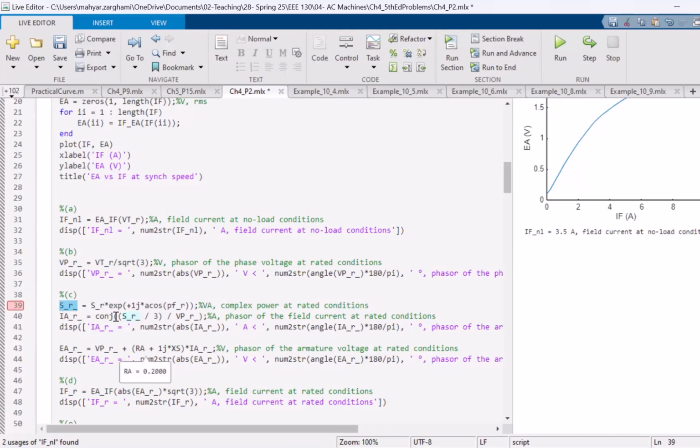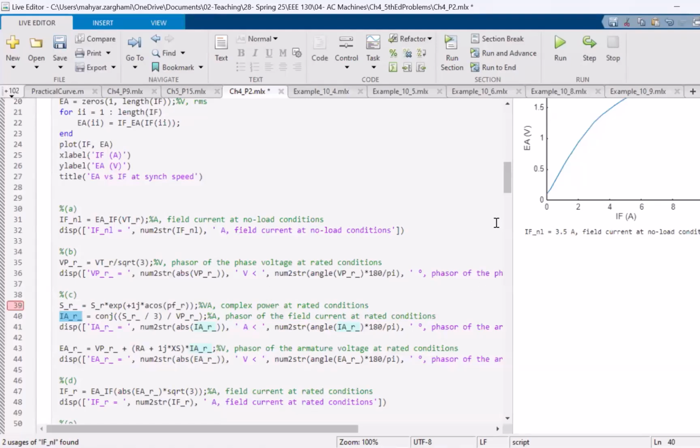And then that complex number is divided by V phase. For the complex power, we need to make sure that you divide it by 3. The conjugate of S over V becomes the current. Make sure you divide that by 3 because that's a 3-phase machine and we are working on one phase of it.